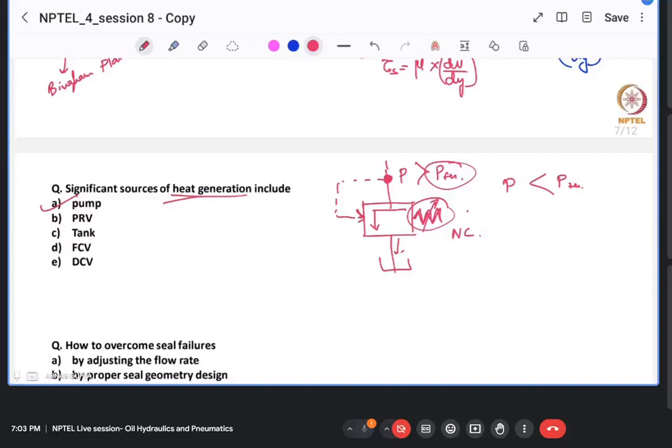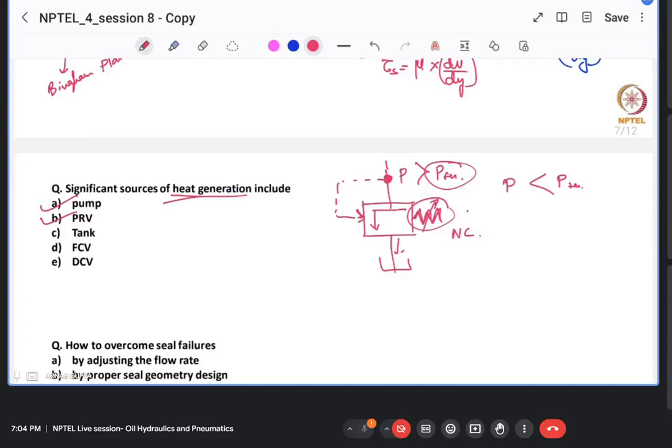So inside the PRV also there is possible generation of heat. In the tank, generally heat is not generated, rather it is dissipated, because there is no source of energy or restriction to flow that may cause the generation of heat. In your flow control valve as well as direction control valve, there are channels that either restrict the flow or deviate the flow.